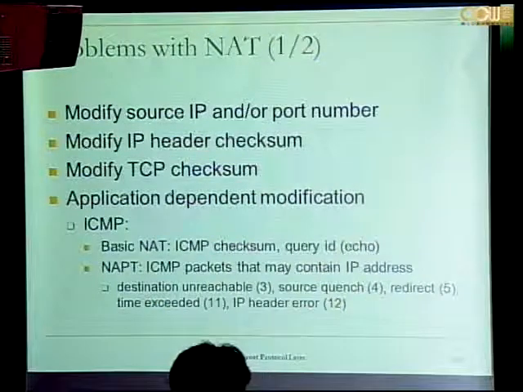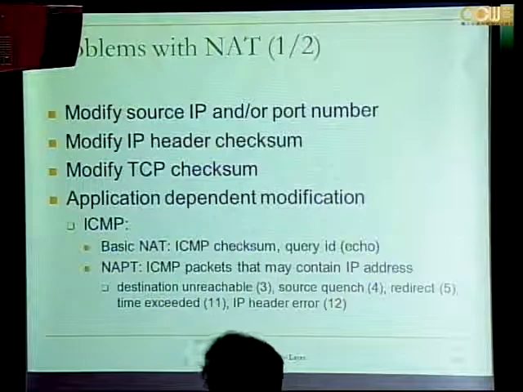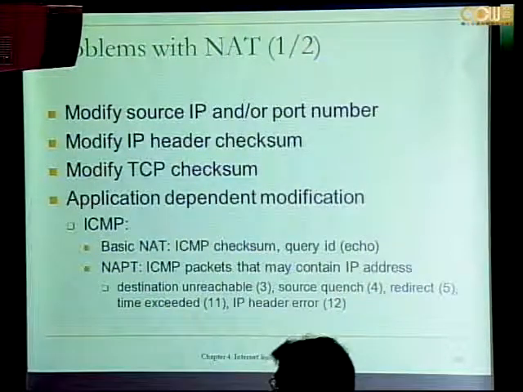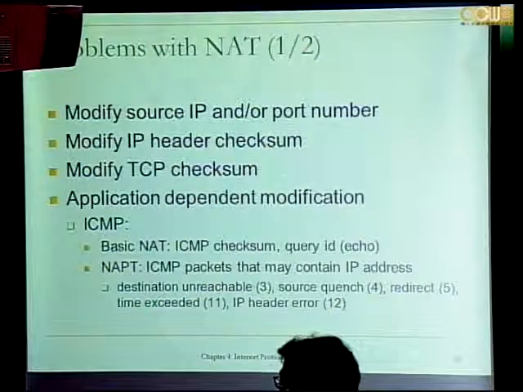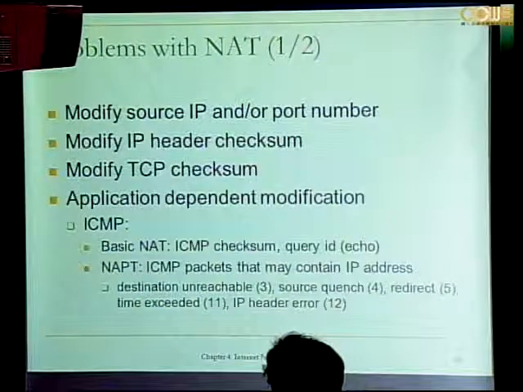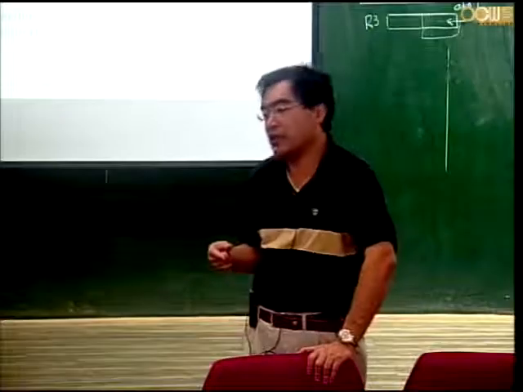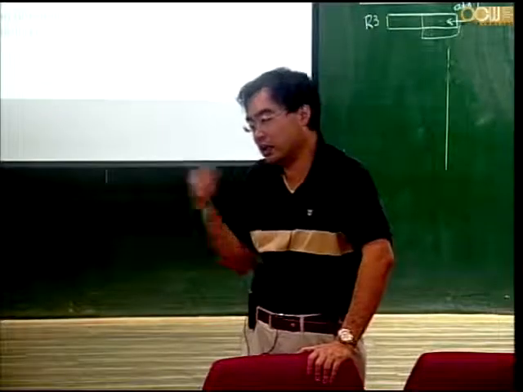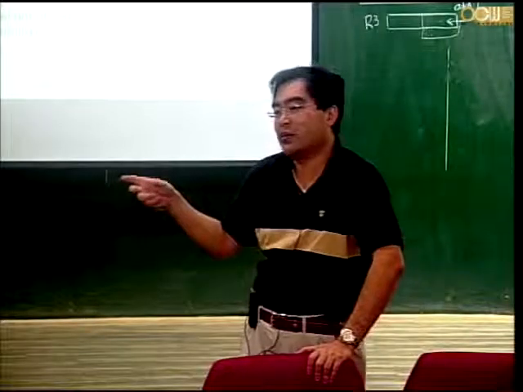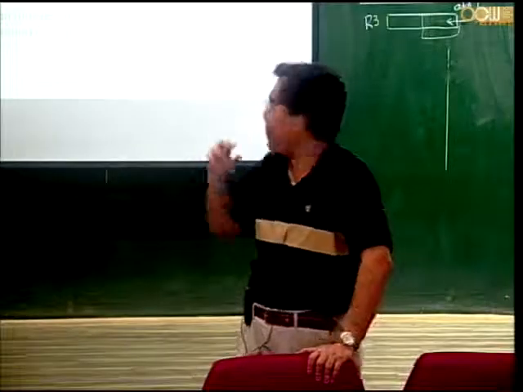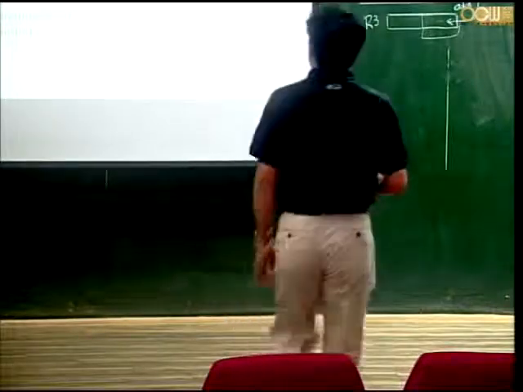Many application protocols or some control protocols put the IP address and port number in the protocol messages. So when you do the address translation, port number translation, you need to dig into the application message to change the IP address and port number there. So let me take an example.